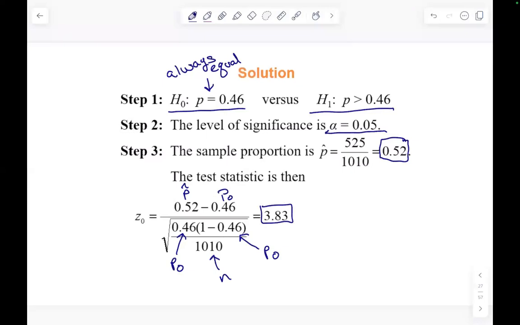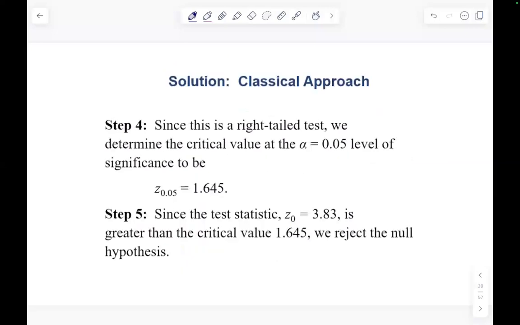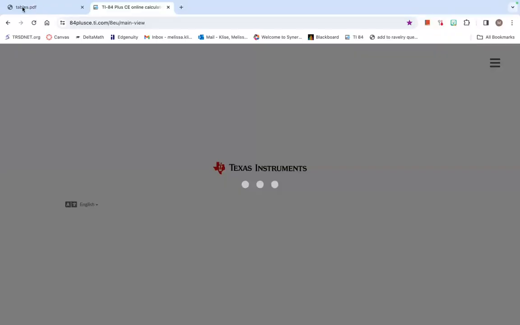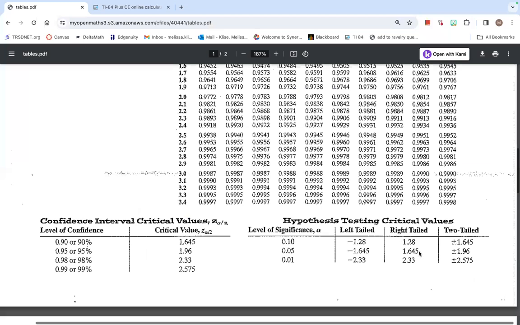And I think we probably could already guess that we're going to reject the null hypothesis because that's a really big Z-score. But we do need to have our critical value to tell for sure. So are we going to use a p-value or a critical value? Take a look. Based on what I have on my table, my critical value is 1.645.